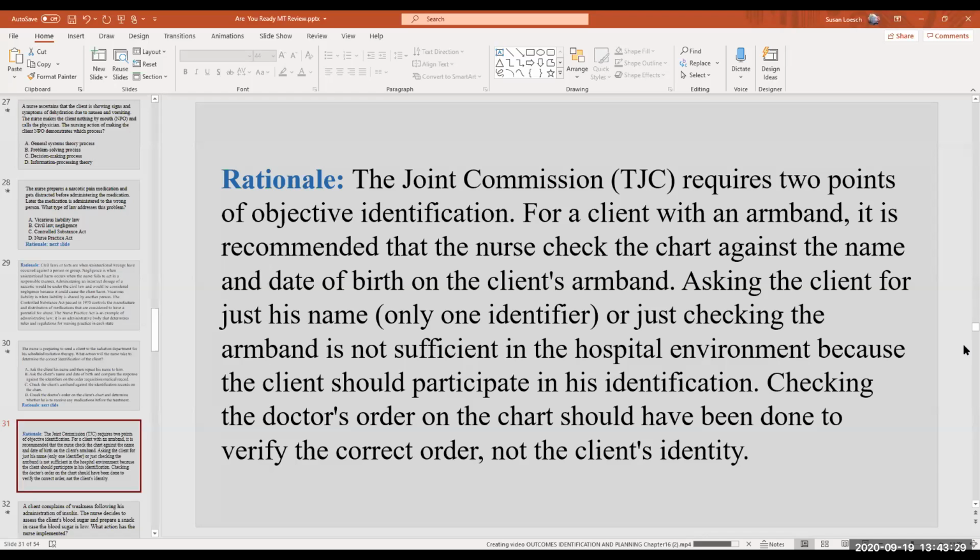So the nurse gave the medication not once, but on 2 occasions to the wrong person through these identification measures. So you really need to make sure that you have something in place to identify these nonverbal people, because it can happen very easily for them to get the wrong medication. So generally, hospitals will have some other sort of plan in place, but it's not always foolproof.